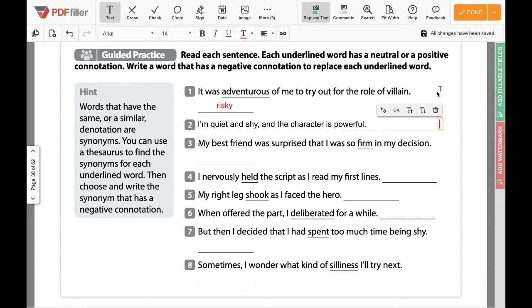So the second one here, mine is going to look a little bit different than yours because when I start to type on it, it changes the text a little bit, which kind of sucks, but that's just what we're working with today. So it says, I'm quiet and shy, but the character is powerful.